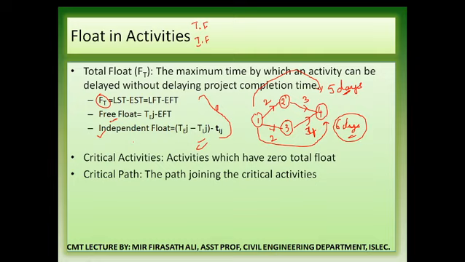What are critical activities? Critical activities are those which have zero total float. So if we tabulate the total float for a given network, the activities whose total float is 0 are critical activities, and the path joining those activities is the critical path.